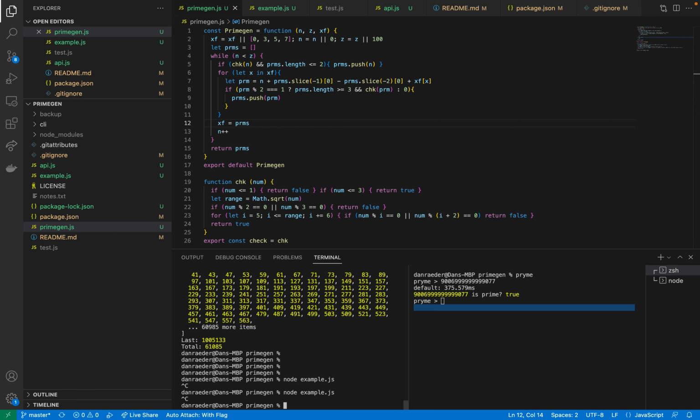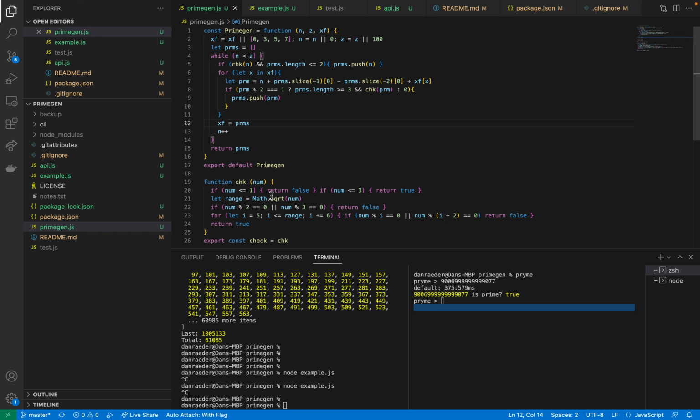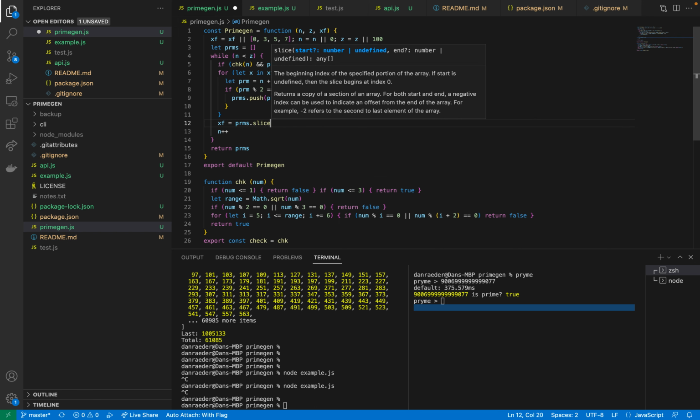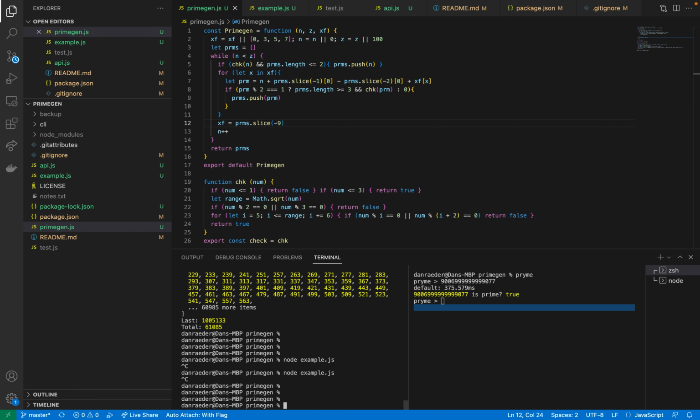You know what? Let's lower the range a little bit. Prime dot slice? PRMs dot slice. Oh yeah, this is more like a moving average.